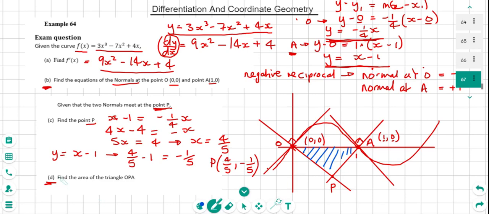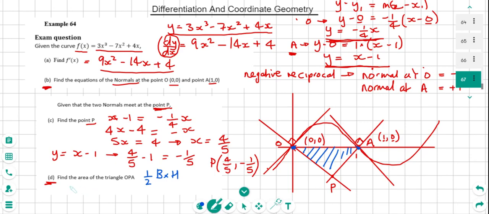We're going to use the standard formula, area equals half base times height. In our case, the base is the distance from O to A, and that's just 1, since the x coordinate goes from 0 to 1.